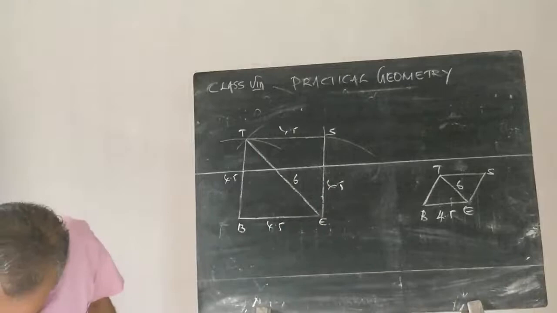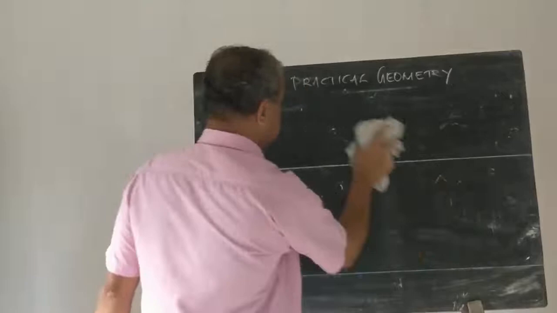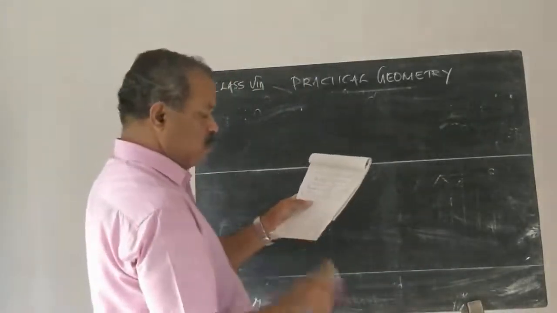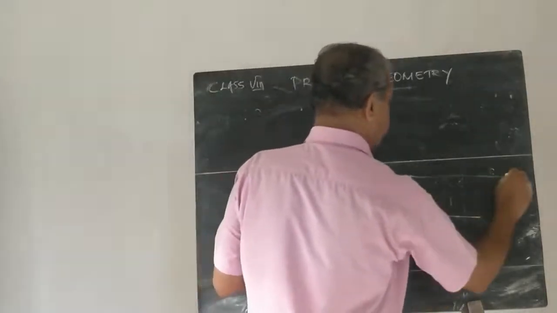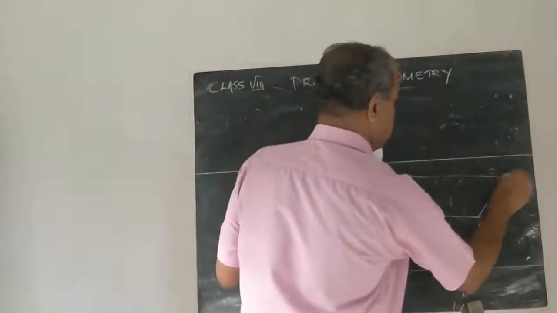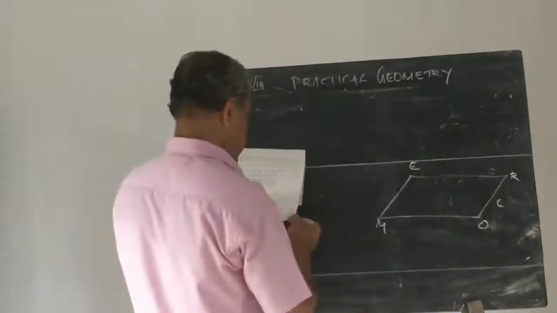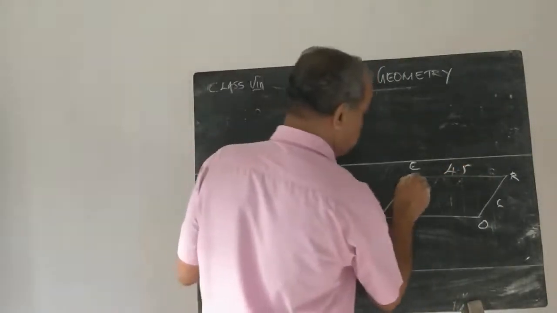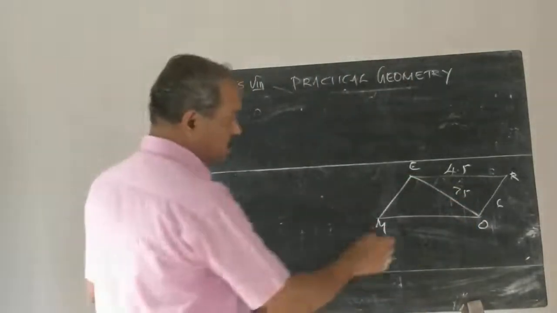Then the third question is a parallelogram. First draw the rough figure. Parallelogram MORE, in which side RO is 6 centimeters, side ER is 4.5, and EO is 7.5. Here 7.5 is the diagonal.